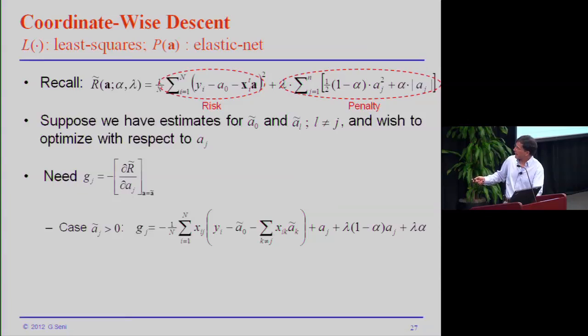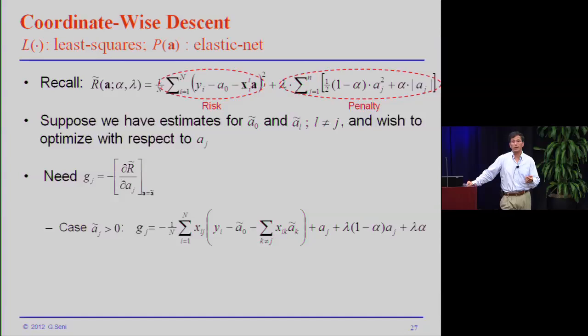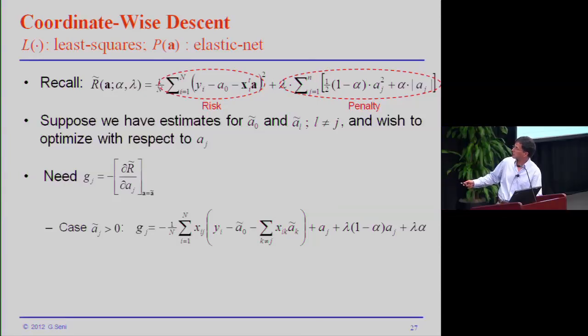And this A sub j came out of here because a typical pre-processing operation is to do standardization. You center the x's and you make the variance equal to 1. So when we have this xi sub j times this xi sub j in this sum, that's 1. The dot product of xj times xj is going to be 1 because they have been standardized.